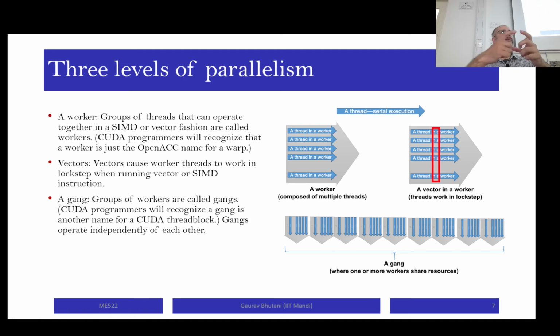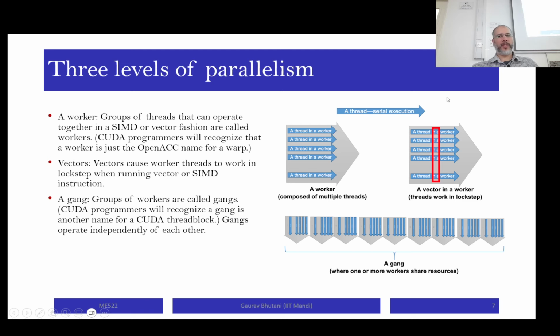Then like you had a block in CUDA. Remember, you had blocks of threads, and you have to decide the number of threads per block. These blocks in OpenACC are called a gang. It's a funny terminology, a gang of workers working together.